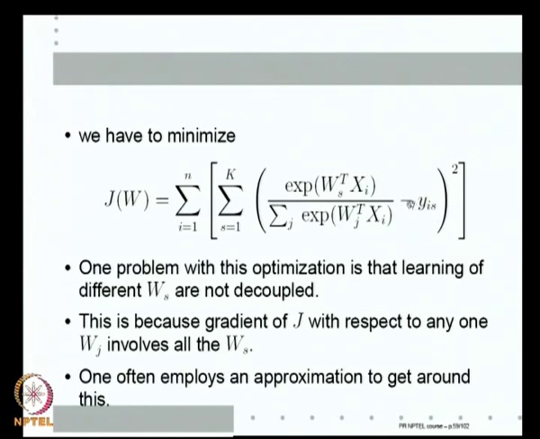And in the original posterior probability model, the denominator term is essentially a normalizing constant. So, the idea is that instead of using all the other Ws here, can I use a simple normalizing constant here. That is the basic idea of the approximation.